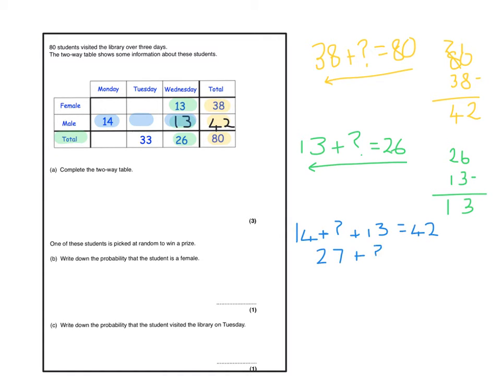Add something is 42. And now let's do it backwards. 42 take away 27. Going to borrow a 10 from there, that's going to go down to 30 and that's going to go to 12. 12 take away 7 is 5, 3 take away 2 is 1. So this number here is actually 15.